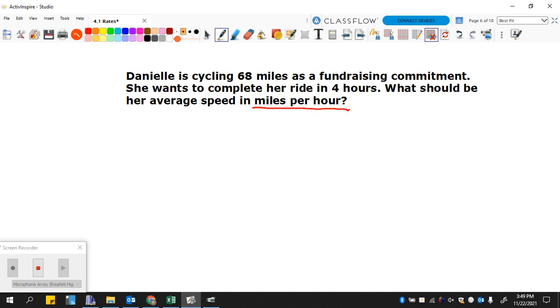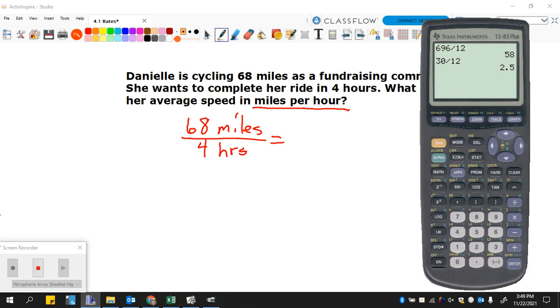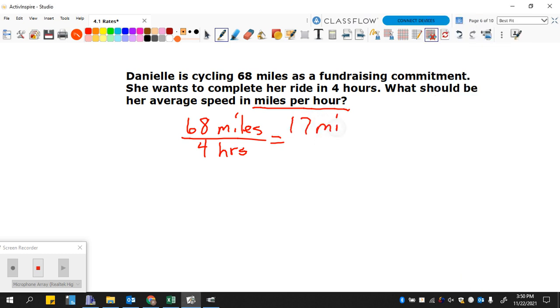So we have 68 miles in 4 hours, so 68 divided by 4, and we end up with 17 miles per hour, or miles per 1 hour. Normally we just say miles per hour.